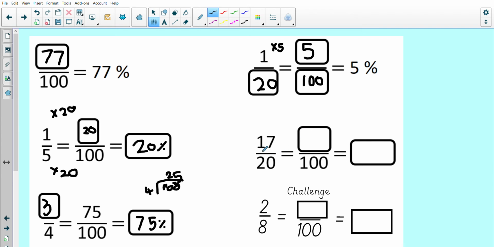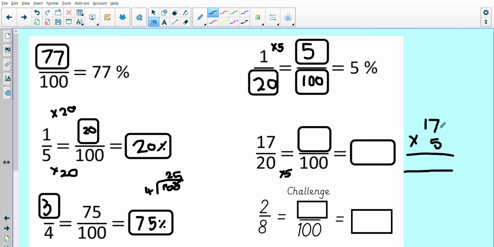Okay, next one. 17 out of 20 equals something over 100. So to get from 20 to 100, we've done it a few times now. We're multiplying by 5. I don't know what 17 times 5 is off the top of my head, so I'm just going to use some paper to figure it out. You should be doing this as well if you haven't already. Write it out, do it with me.